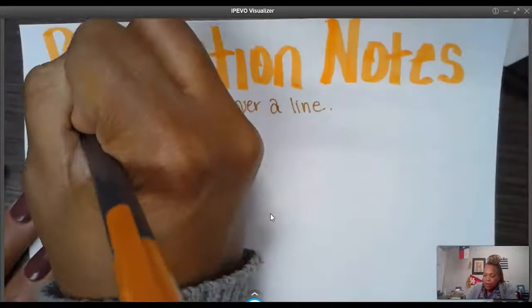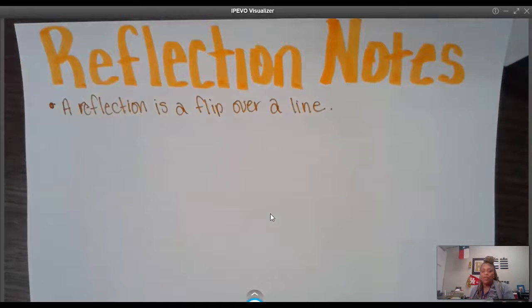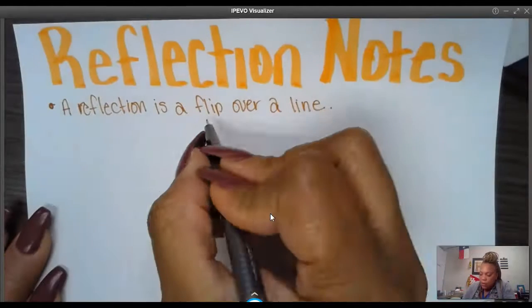If you looked in the mirror, you see your own reflection. So there is a line of reflection when you actually look in the mirror, and it's reflecting your image. And you're the exact amount of space away from the mirror as you appear to be on the other side. So it is an exact image of yourself.